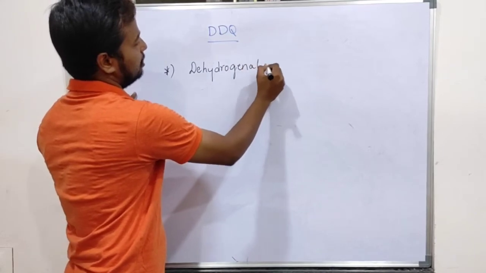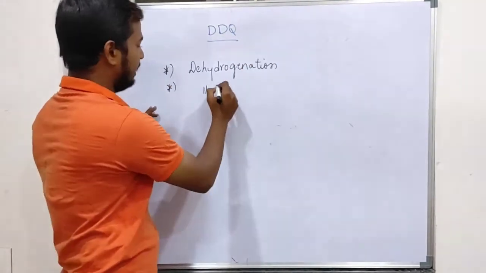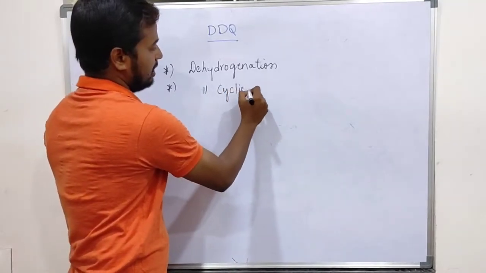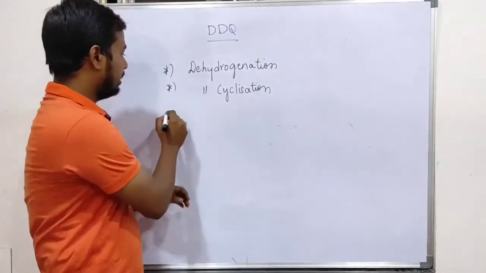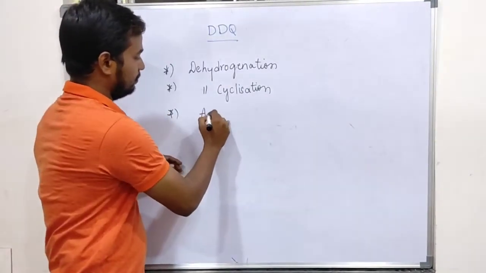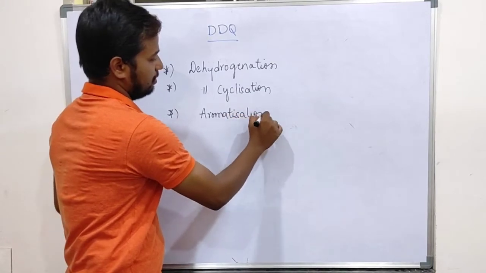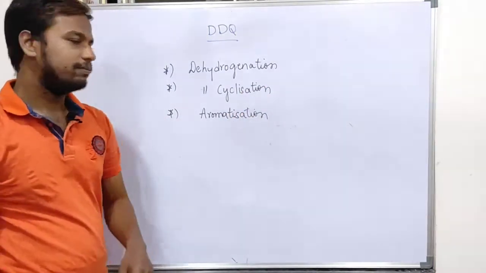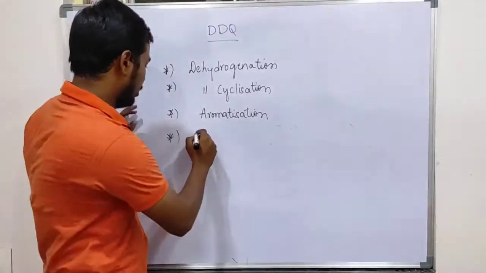It is involved in dehydrogenation reactions. The second one is dehydrogenative cyclization. The third one, which we have just discussed, is aromatization. And the fourth and important one is deprotection.